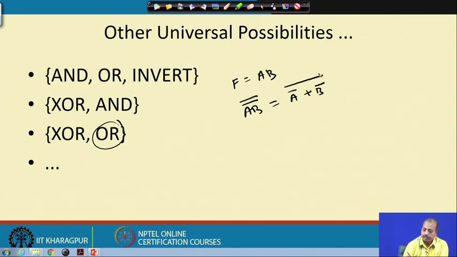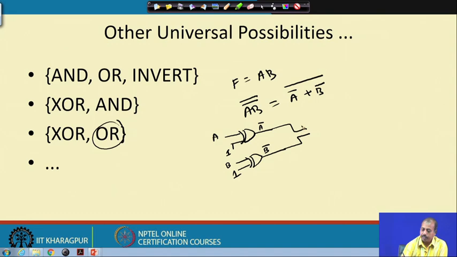And now, the same strategy I will follow. I will take one XOR gate to get the invert of A, so this is tied to 1. So, you get A bar here, and then you take another XOR gate, so this is your B and 1. So, you get B bar at this point, and then you take OR of these two.